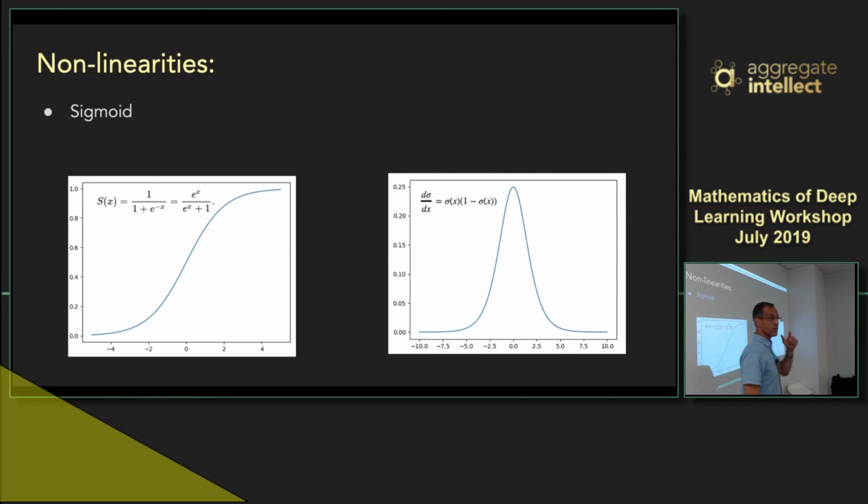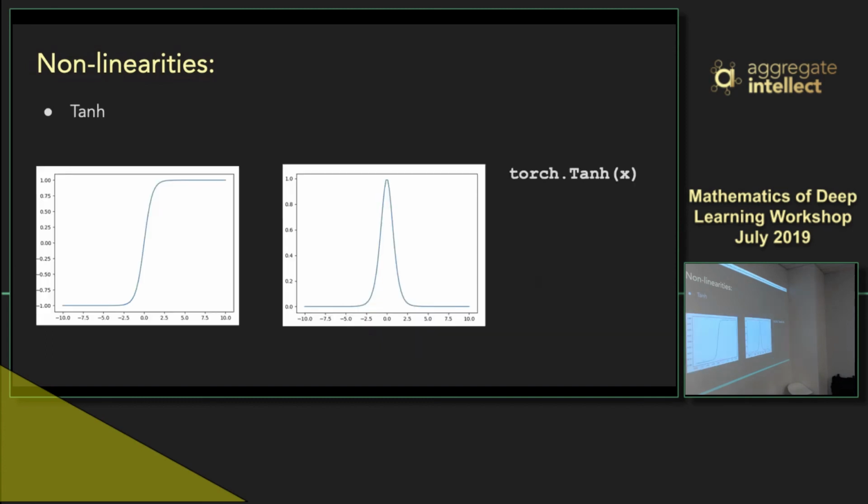Computing exponential is not fun. It's expensive. But what else do we have? We have tanh, hyperbolic tangent, which has a derivative that again has a bell shape, but it goes to 0 much more slowly than the sigmoid. This is something that we usually use.